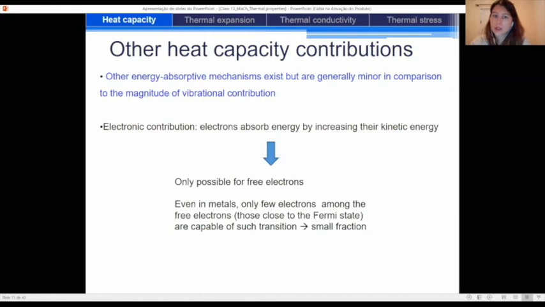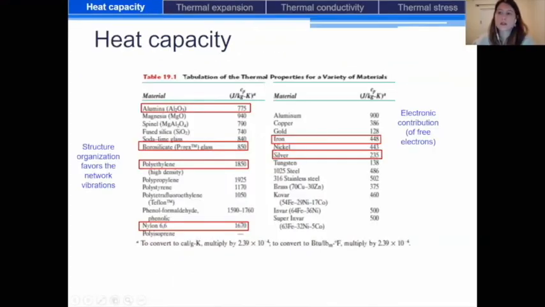That's why I only present it very quickly. But even in metals, only a small fraction of free electrons contribute to the heat capacity of the material.